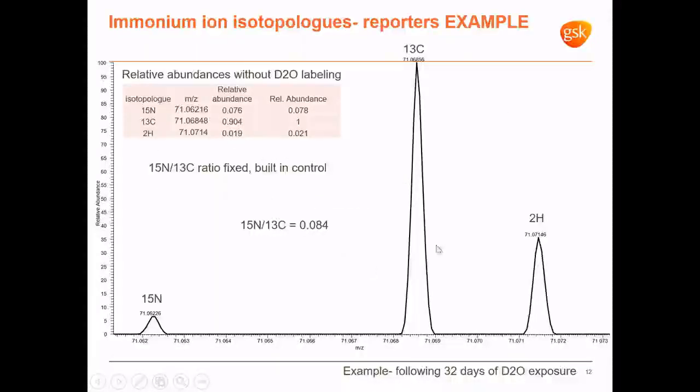And here's an example of what that labeling signal looks like for a proline ammonium ion isotopolog, from the M+1 peak of the proline amino acid side chain ammonium ion, where we have the 15N, 13C, and 2H molecular species isotopologs.